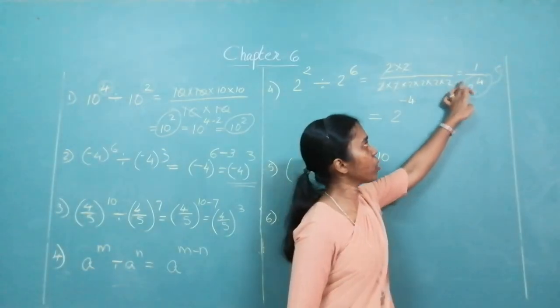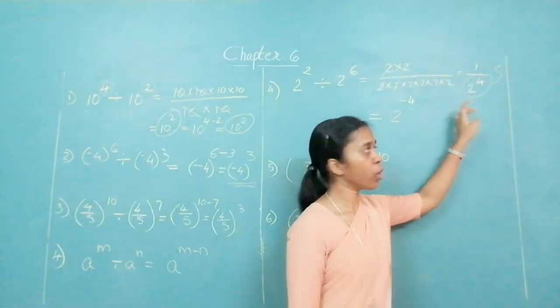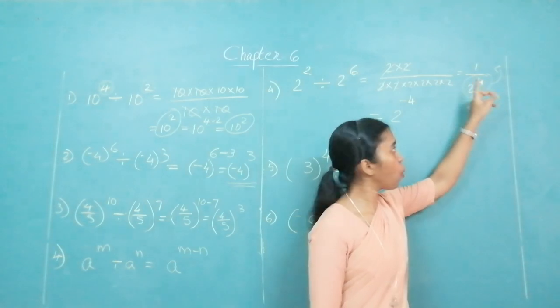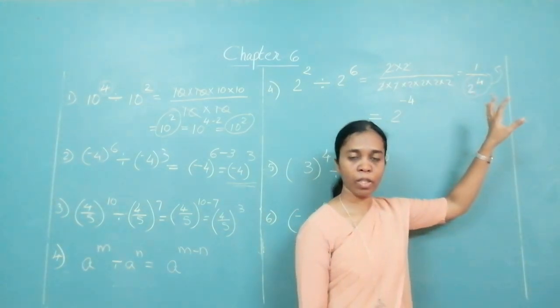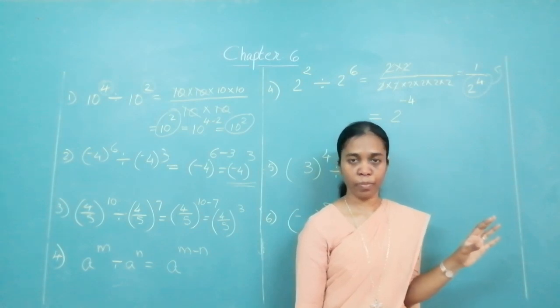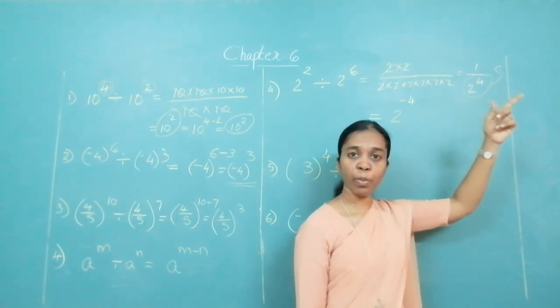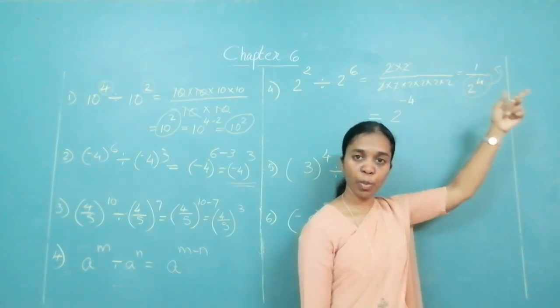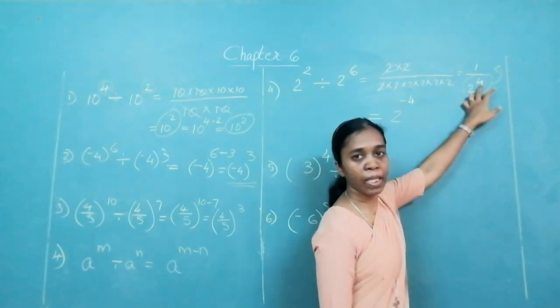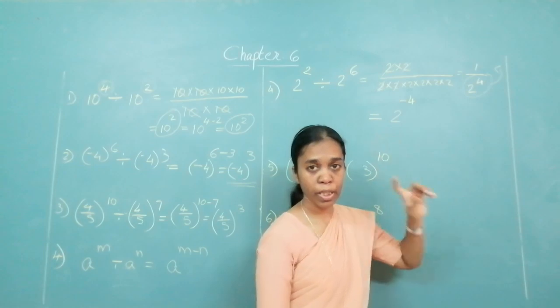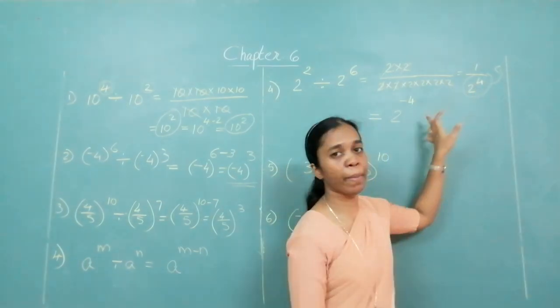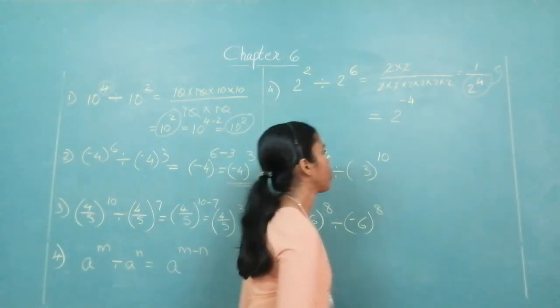My answer was 1 upon 2 raised to 4, where 2 raised to 4 is in my denominator. I don't want it in the denominator, so I take it to the numerator. When I take it to the numerator, the index becomes negative, not the base. Please remember, the index becomes negative.